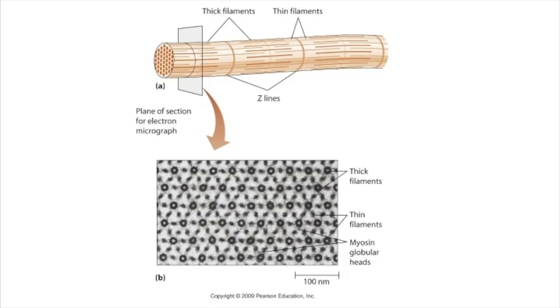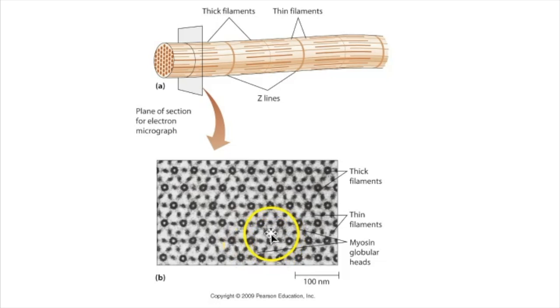In the lecture, we spend a lot of time talking about sarcomeres in 2 dimensions, but it's very important that we always remember that inside an individual myofibril, which is what this represents, the sarcomeres are actually arranged in 3 dimensions. In fact, if you look at this cross section, this transverse section through a myofibril, you'll see these larger circles surrounded by these smaller dots in a hexagonal pattern.